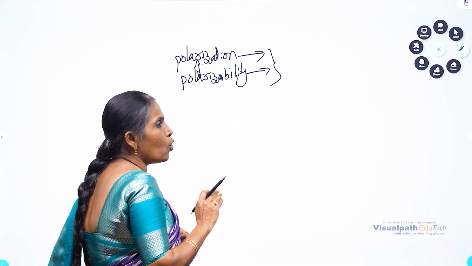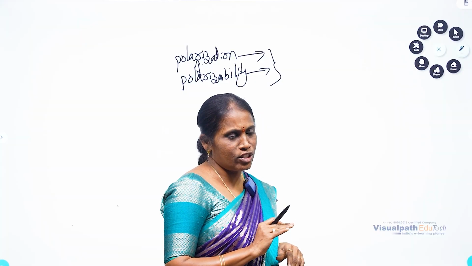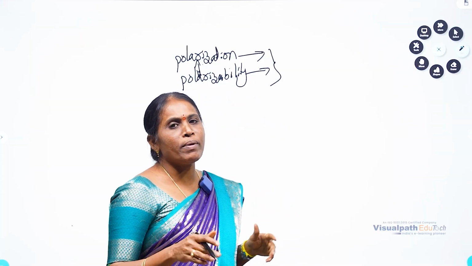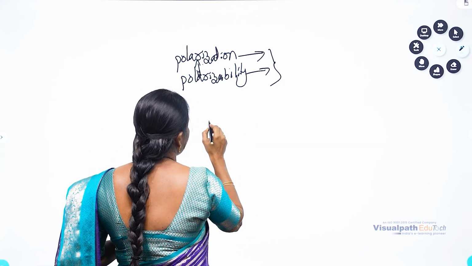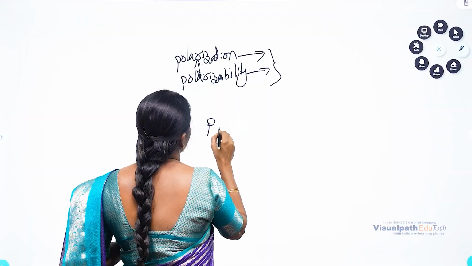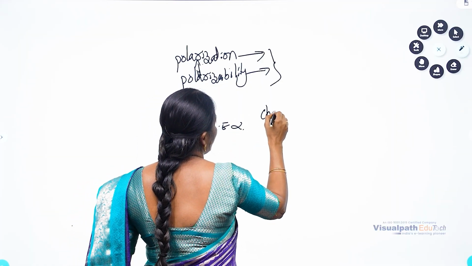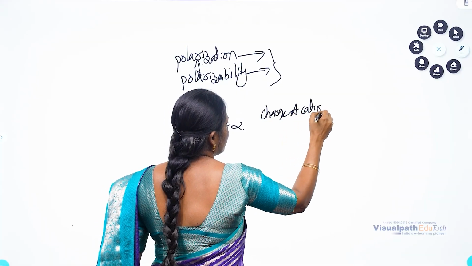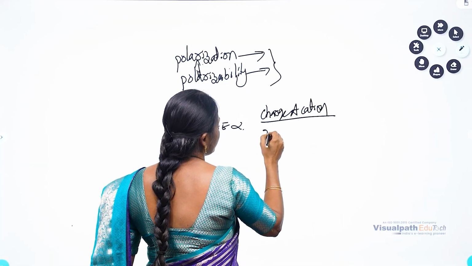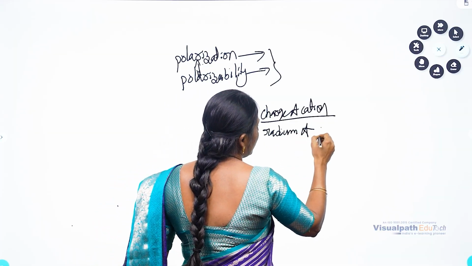There is no single universal formula for polarization. Polarization can be explained in many ways. We see one simple formula: polarization is proportional to the charge of the cation over the radius of the cation.